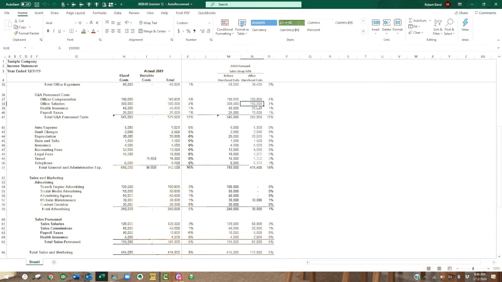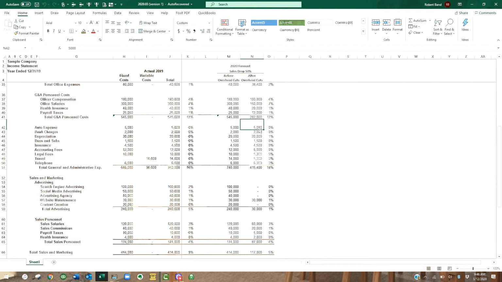So if you do have to lower the employee count, then somebody whose duties have shrunk can take on more duties because they have more time. Okay, so health insurance would go down, payroll taxes would go down.